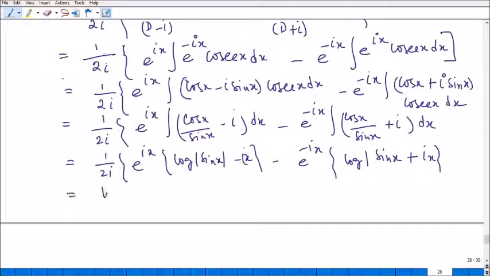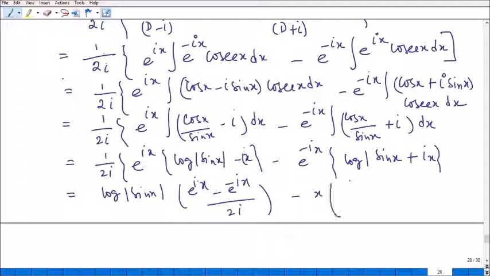So taking common log of sin x, you can write e to the power ix minus e to the power minus ix by 2i, and taking i common, we can write this as x into e to the power ix plus e to the power minus ix by 2.